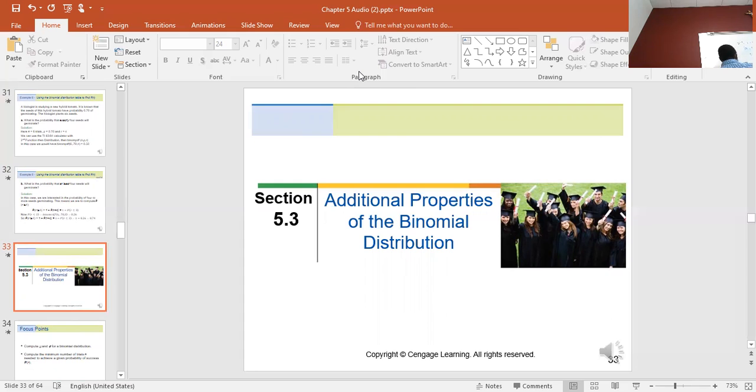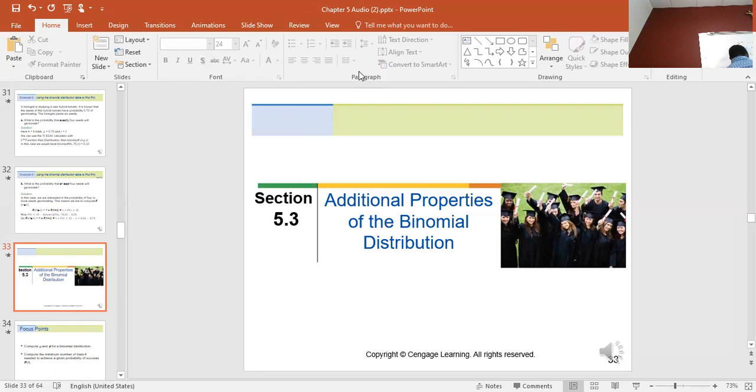Additional properties of binomial distribution. Let X be a binomial distribution with parameters N and P, then the mean of X is E of X equal to NP.